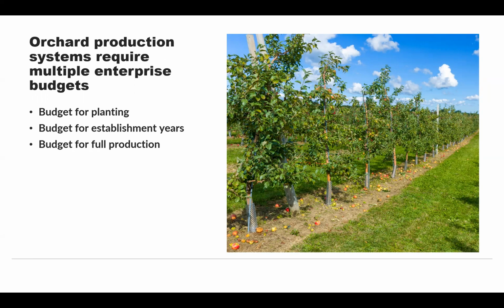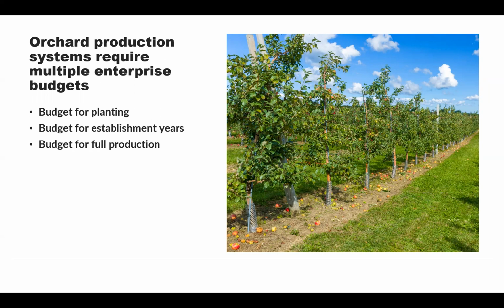So in general, when we see enterprise budgets, there's this assumption that you're at full production within that season. But if you have a system that is not at full production within that year of the budget, then you might need multiple budgets.